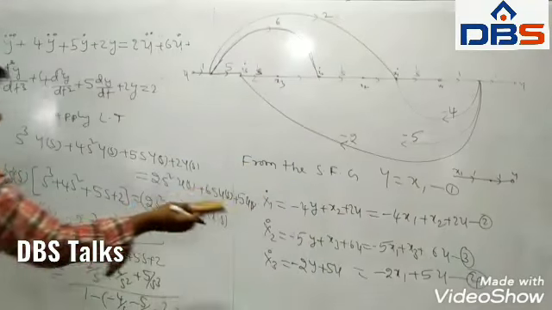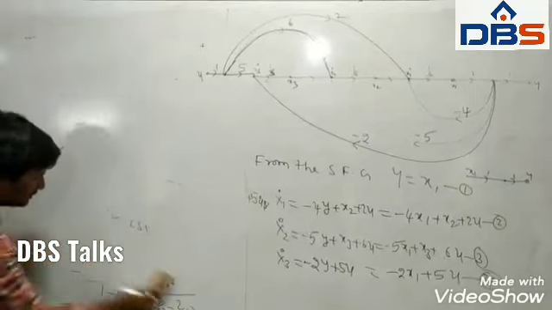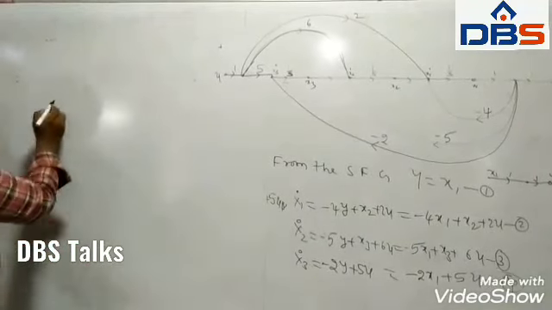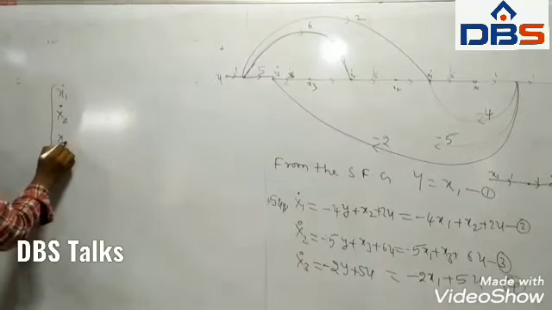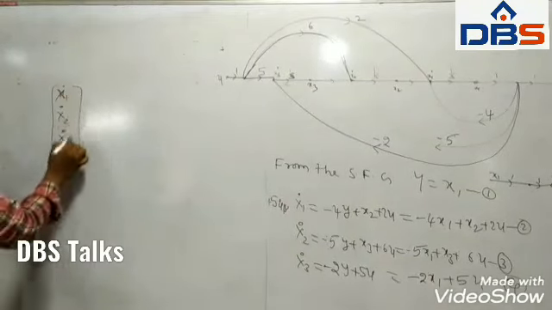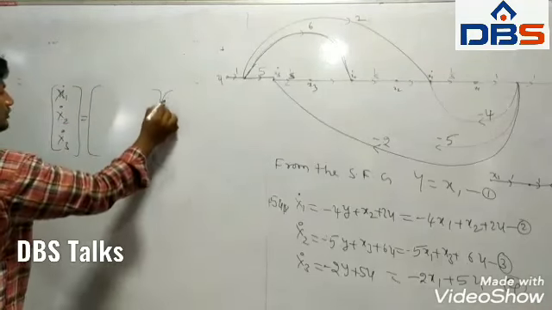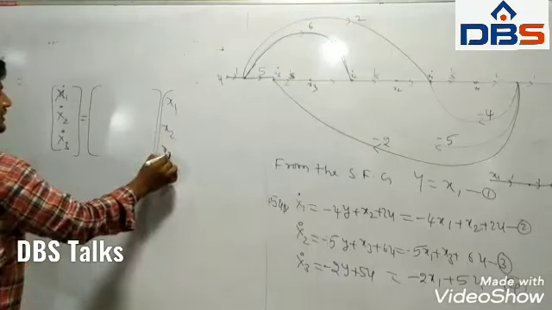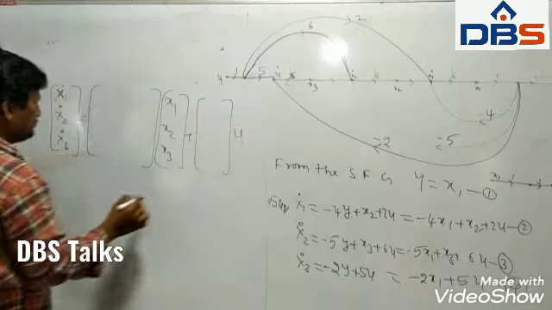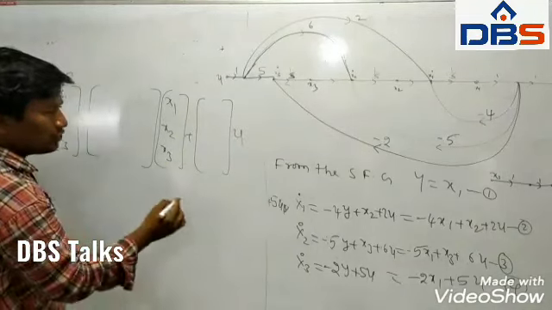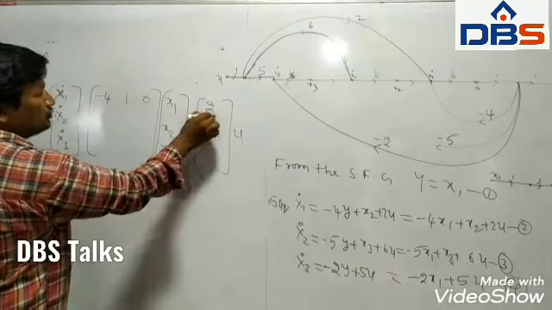From that you have to construct the state model of the system. That is x1 bar, x2 bar, x3 bar, in terms of the x1, x2, x3 state variables, and this is the input u. From equation 2, minus 4, 1, 0, 2.